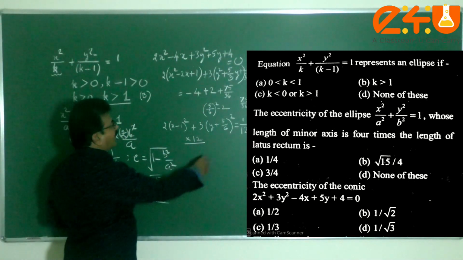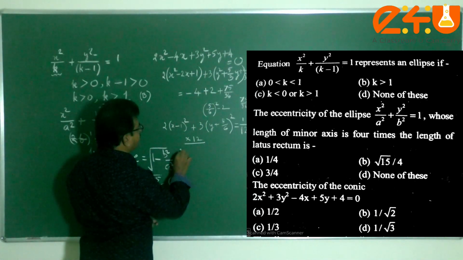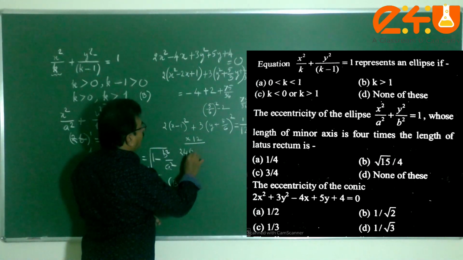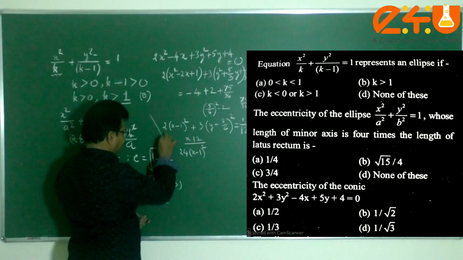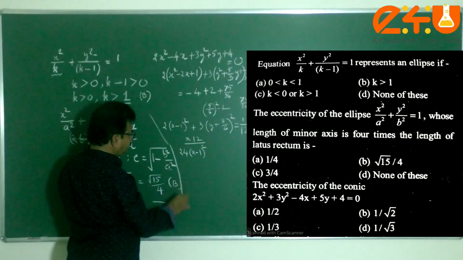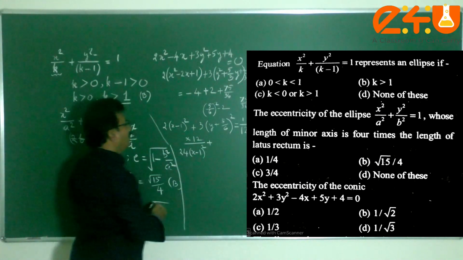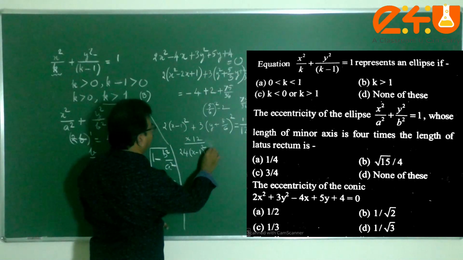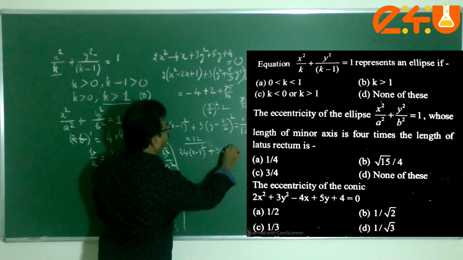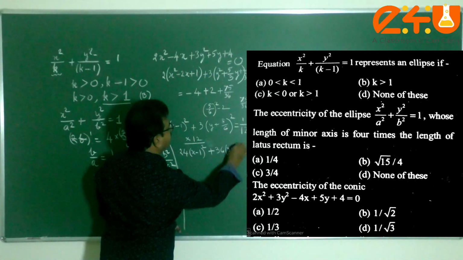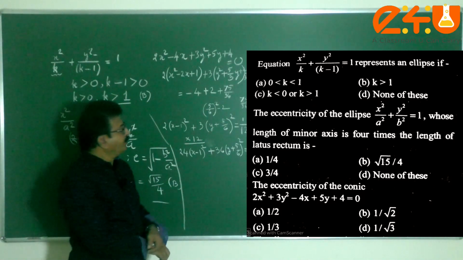Because the RHS is 1 by 12, I need to multiply everywhere by 12, which means I get 24 of x minus 1 the whole squared, plus 3 times 12, 36, of y plus 5 by 6 the whole squared, which is equal to 1.